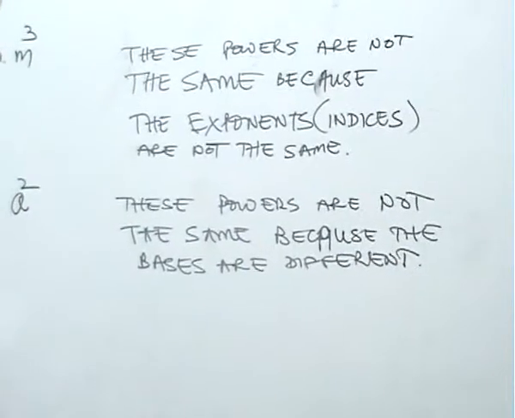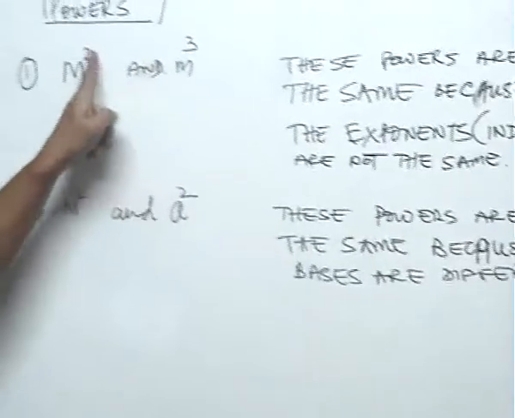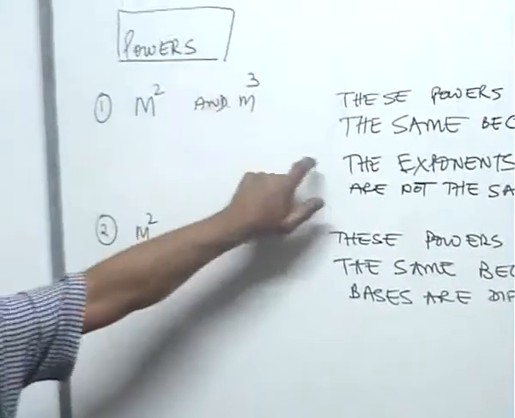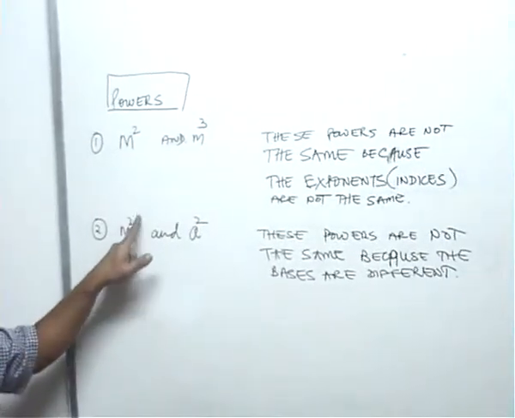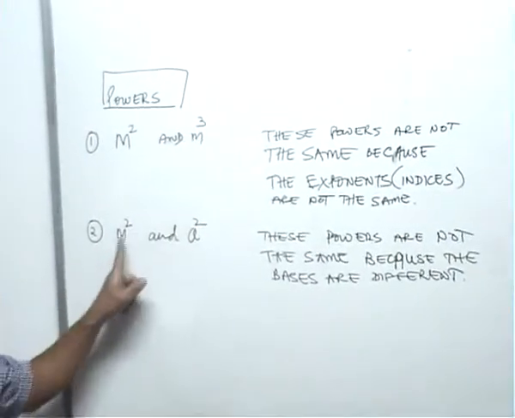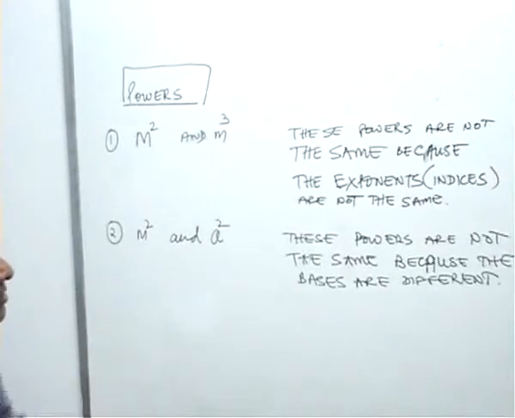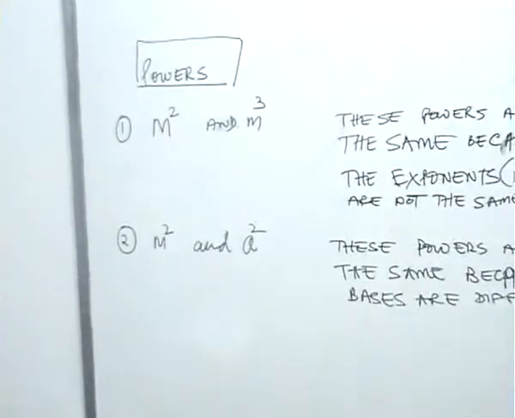So you see, in the first example the bases are the same, but the indices are different. Therefore, the powers are not the same. In the second example, the indices are the same, but the bases are different. Therefore, these powers are not the same.